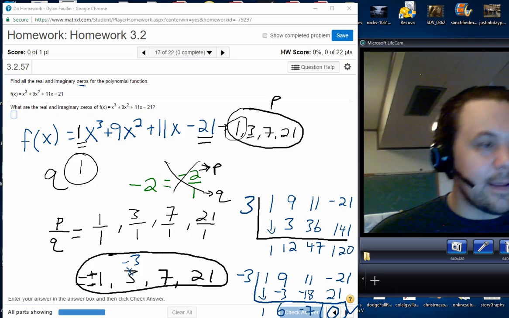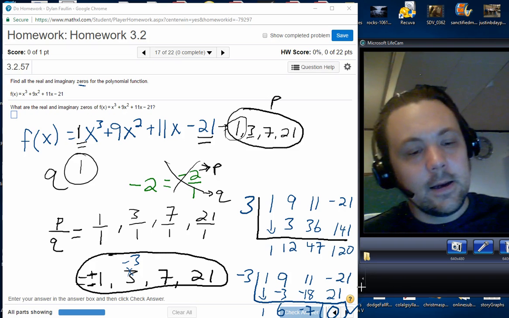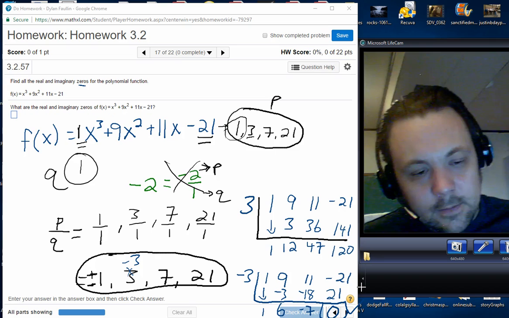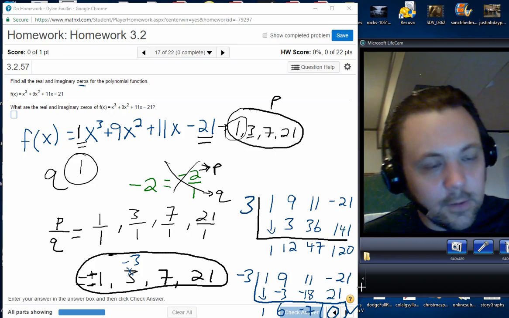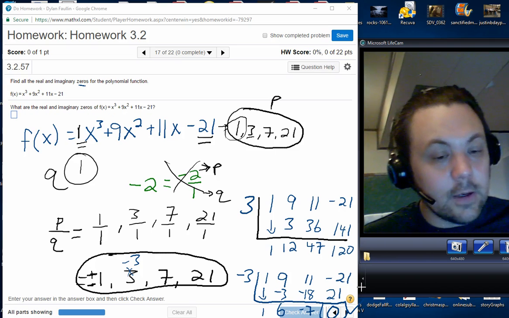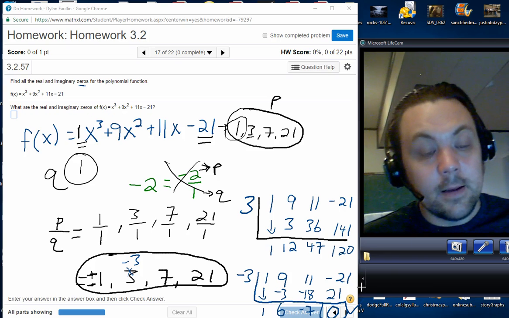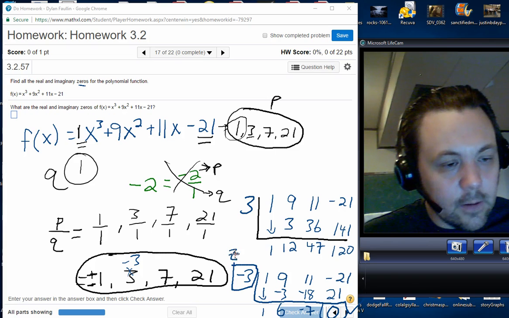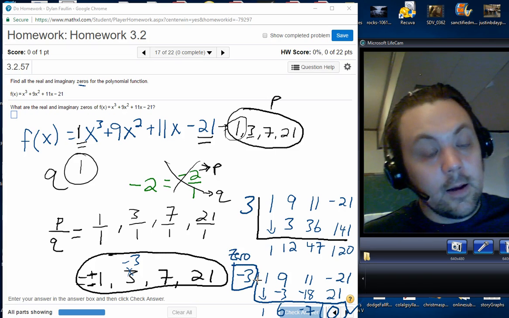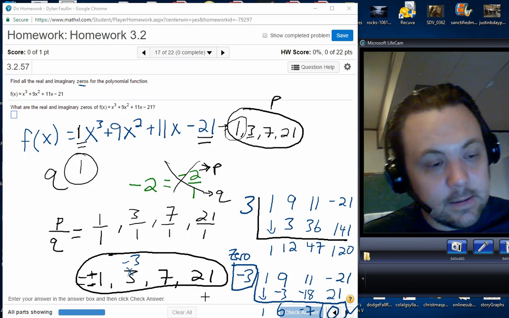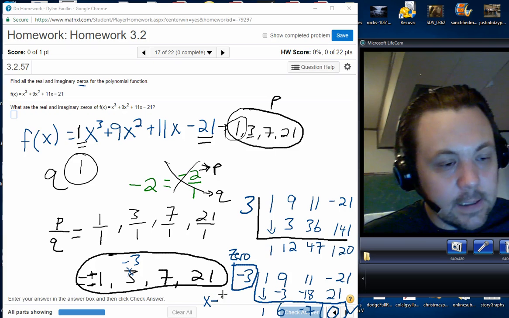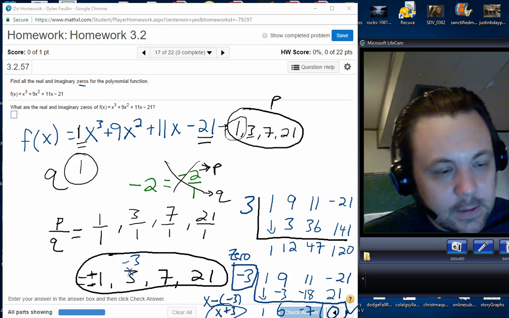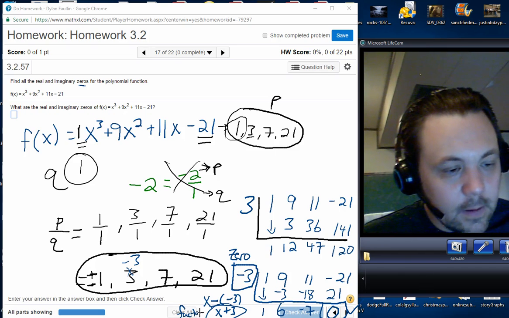The analogy I like to give in class is that it's like finding the golden ticket in Willy Wonka and the Chocolate Factory. You found the golden ticket. Now you can take action. Because when the remainder is 0, that means negative 3 is a 0 of my polynomial, which according to the factor theorem tells me that x minus negative 3, which we should write as x plus 3, is going to be a factor of this polynomial.